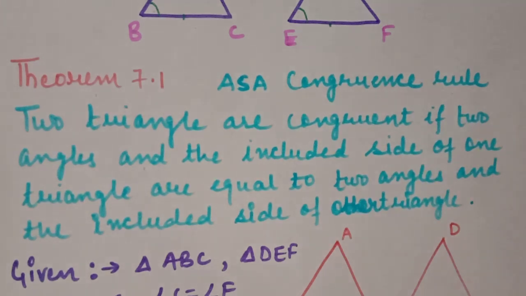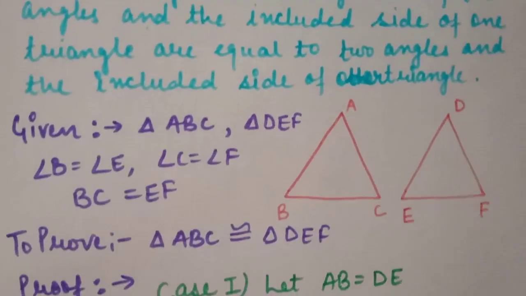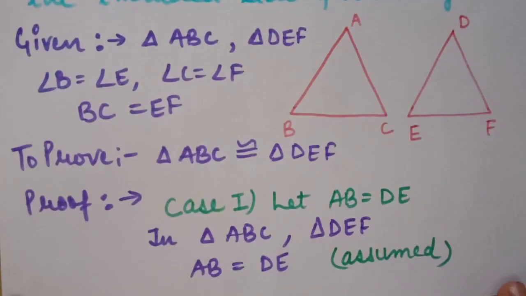So what is the theorem? They said two triangles are congruent if two angles and the included side of the triangle are equal to the two angles and the included side of the other triangle. So what is given in this diagram?